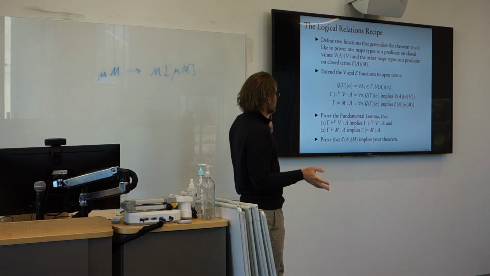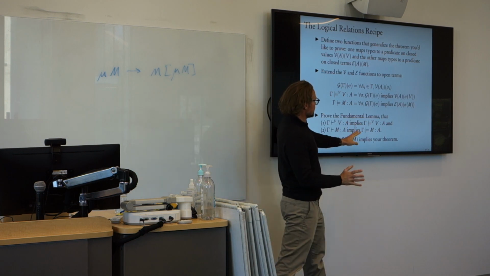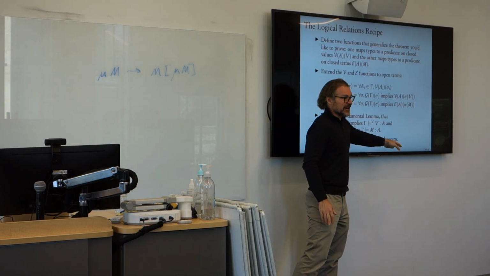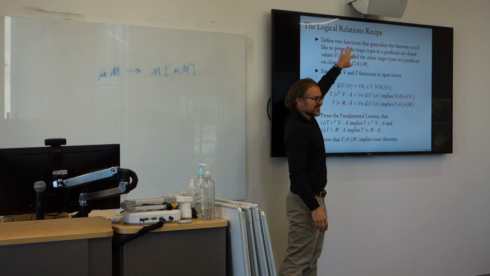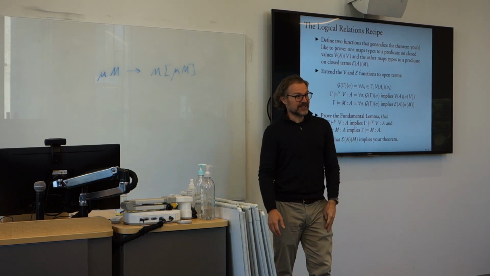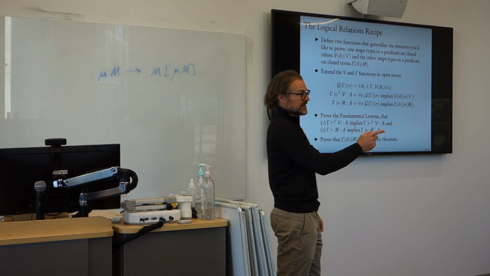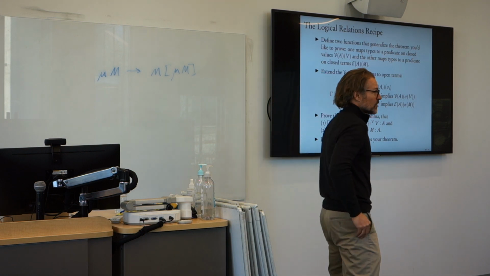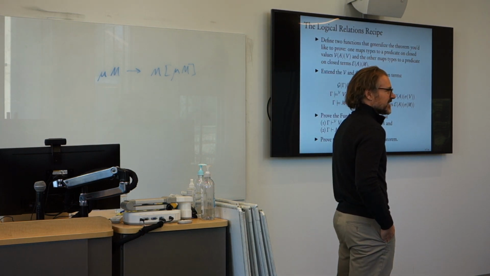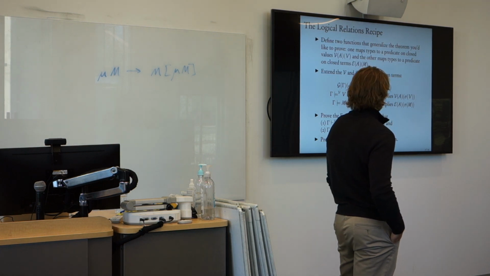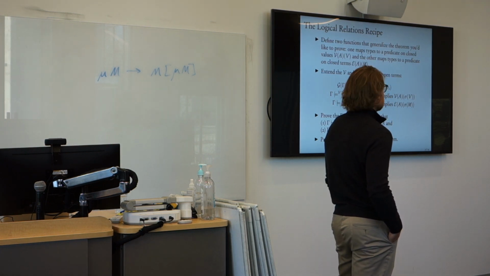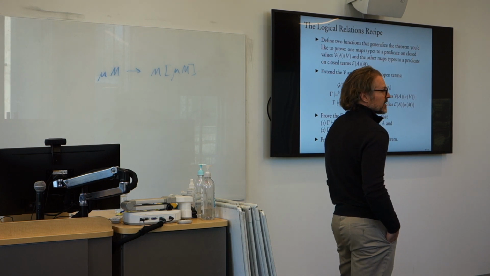Of course, this is a very generic recipe. It's like, well, what theorem are you trying to prove? That's going to be reflected in the E and the V. We'll get into an example of that in a second. The theorem you want is for every term M of type A, and so on. The theorem is universally quantified over well-typed terms.